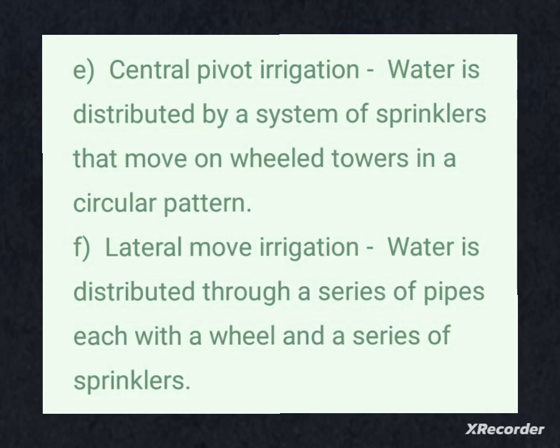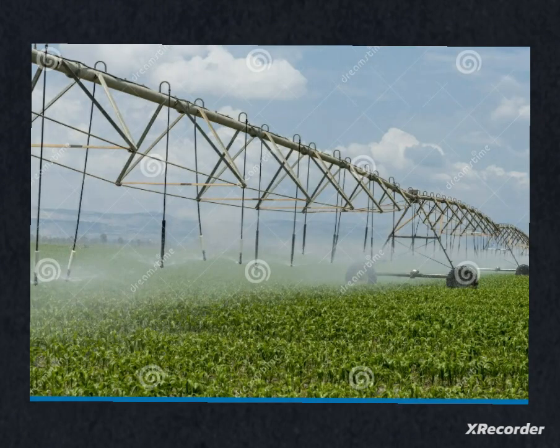Now coming to lateral move irrigation. Here water is distributed through a series of pipes, each with a wheel and a set of sprinklers which are rotated either by hand or with a purpose built mechanism.